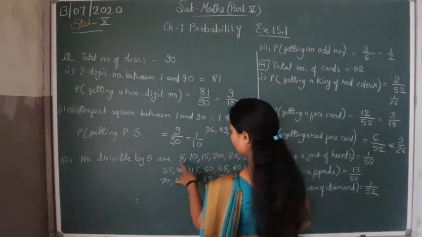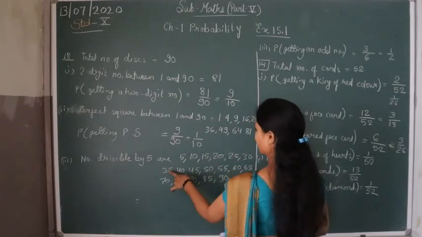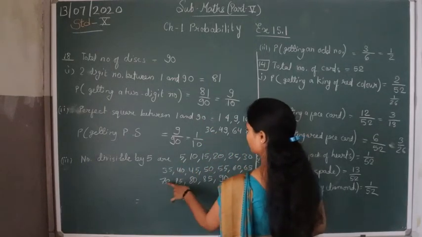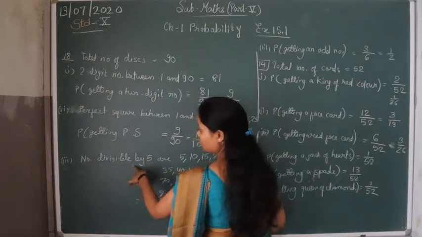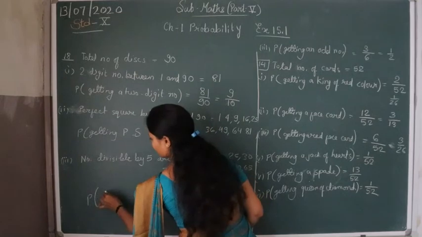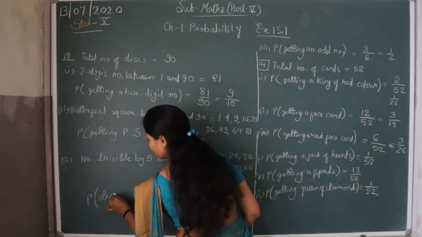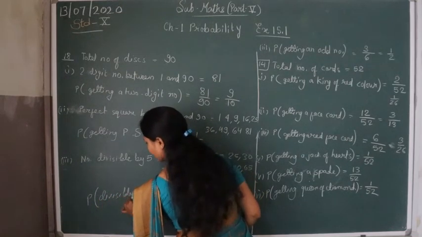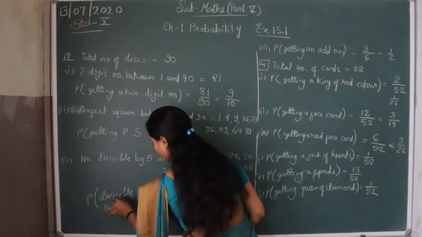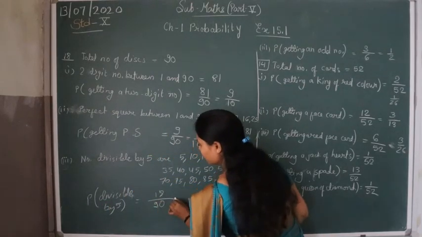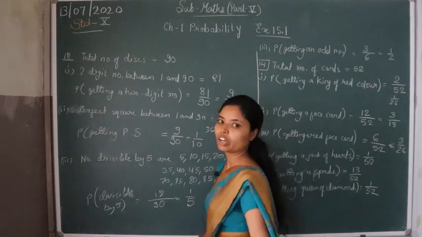So how many are there? 1, 2, 3, up to 18. So the probability of getting a number divisible by 5 is 18 by 90, which is 1 by 5.